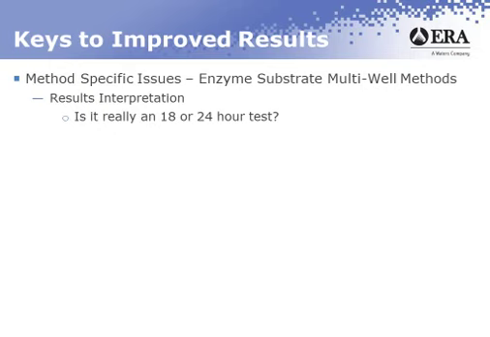An example would be, I believe Colilert-18 uses an 18 to 22 hour window. Colilert uses a 24 to 28 hour window. Basically what this is saying to you is that Colilert-18 is not really an 18-hour test. At the end of 18 hours, if the result has changed, it's yellow or it fluoresces, that's a definitive result.